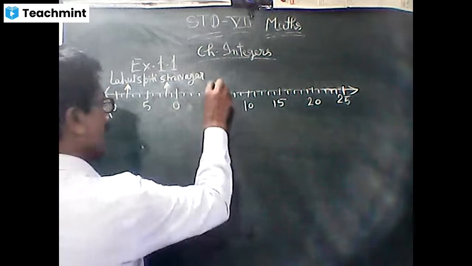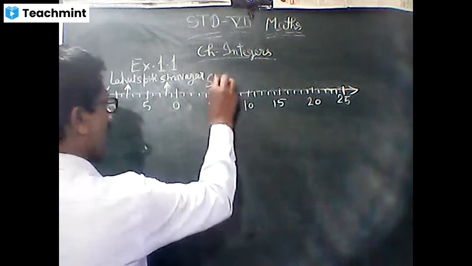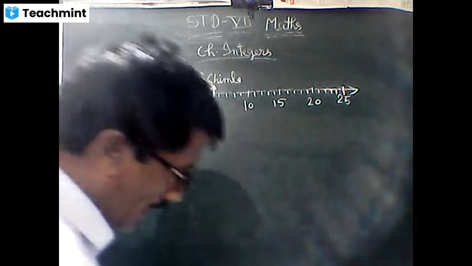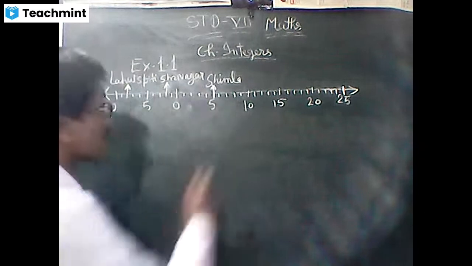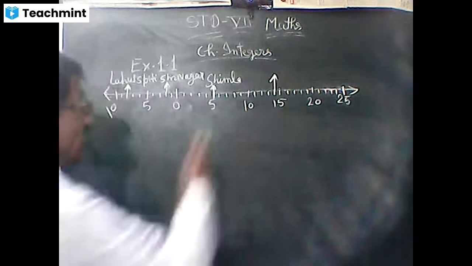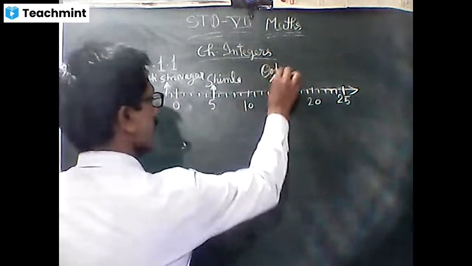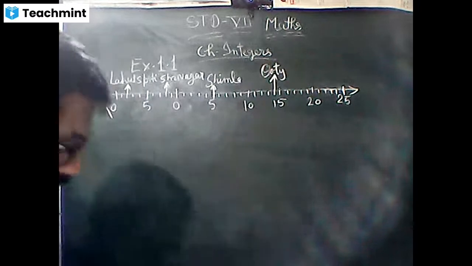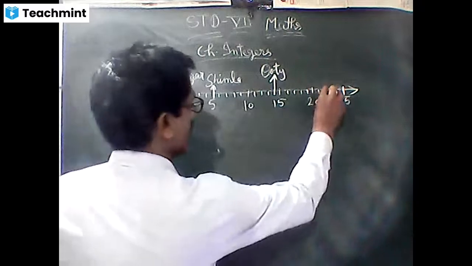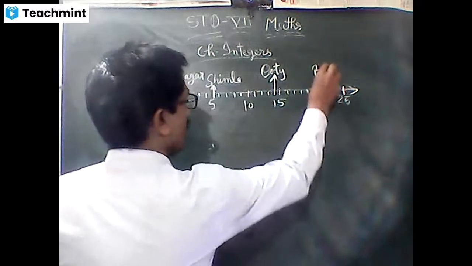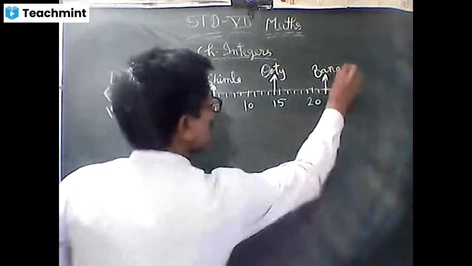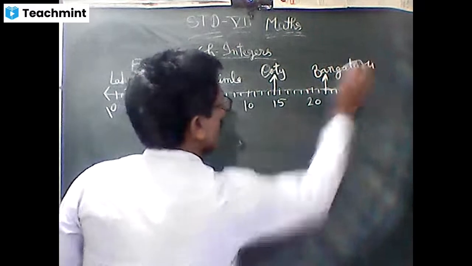Fifth is written Shimla, and next is Ooty, and the last one is Bangalore.